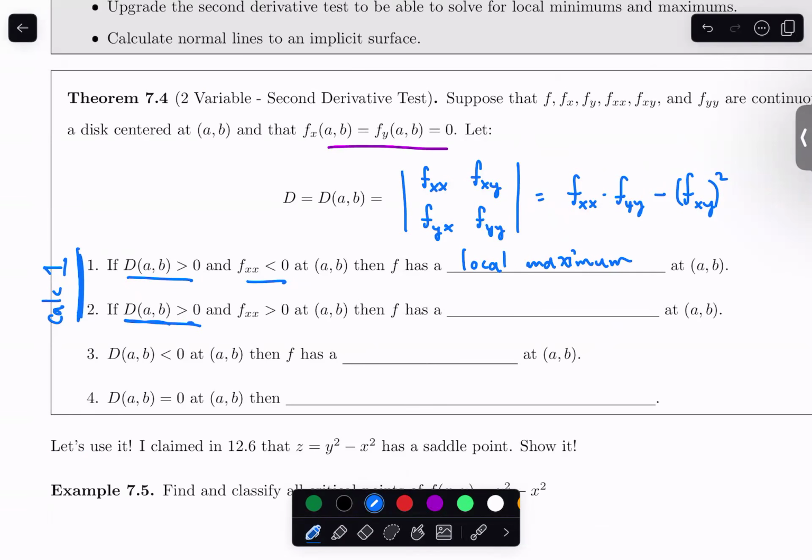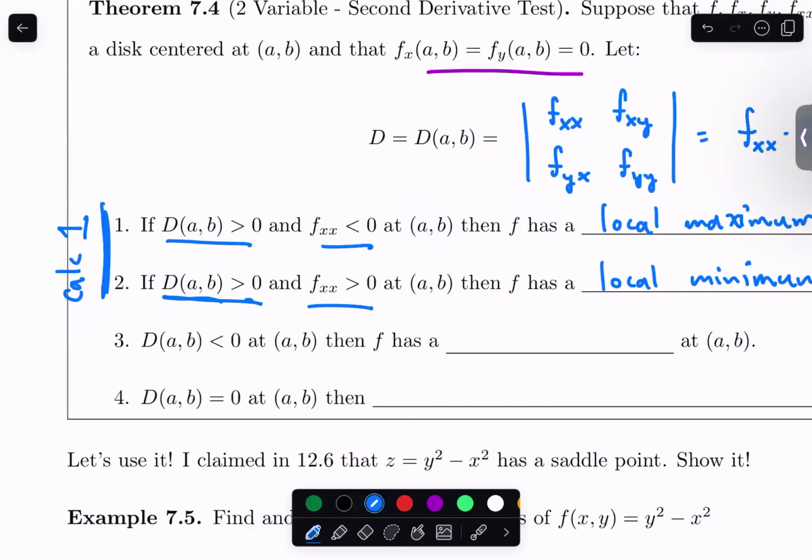And likewise, in the second case here, still in Calc 1 world, but if your second derivative is positive, that means it's concave up, right? Concave up means that there's going to be a local minimum at your critical point. And then finally, if your D, this determinant of our Hessian matrix, is less than 0, then we're going to be in Calc 3 world.